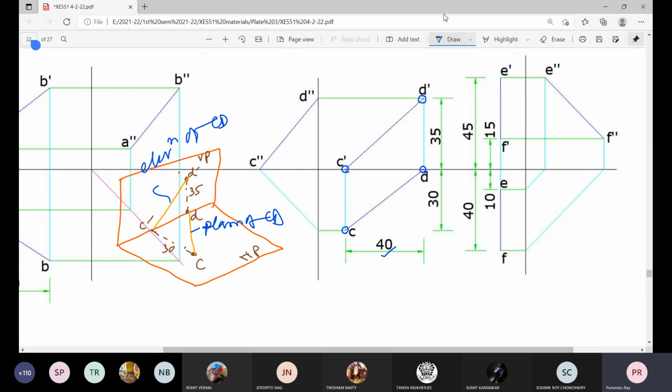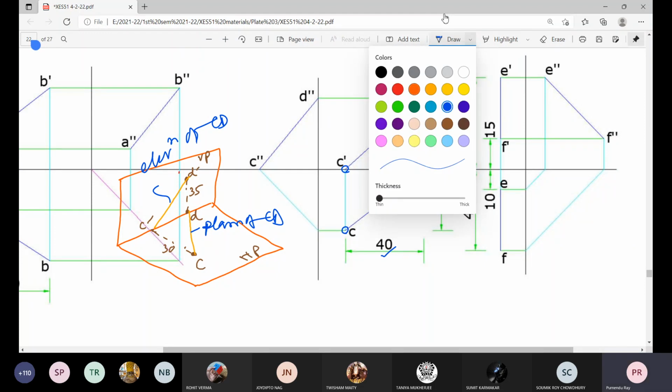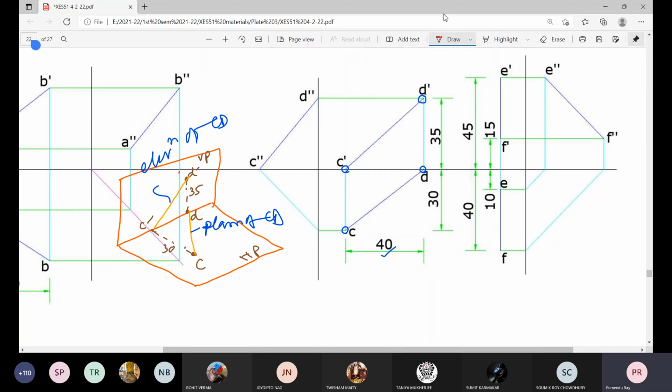So step 1 is naturally we are working on the same ground line. Then step 2 is identify C and C dash. Step 3 is restrict the height.